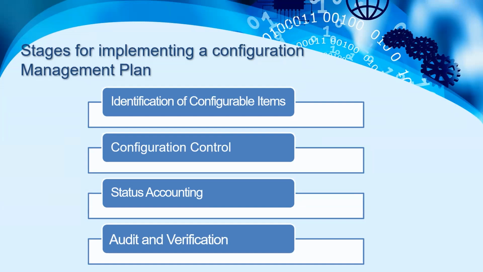So it doesn't stop at status accounting. The configuration items you have in your configuration management system should then be audited for consistency. So you have to ensure that you practice audit and verification to validate or ascertain the integrity of the configuration items you have within your configuration management system.